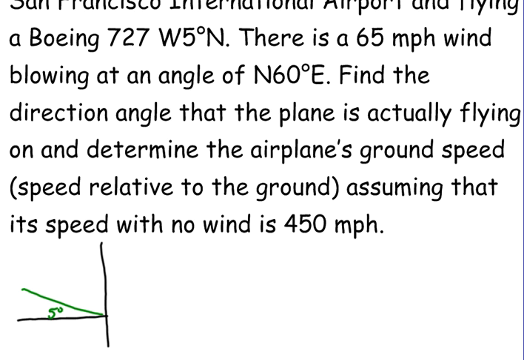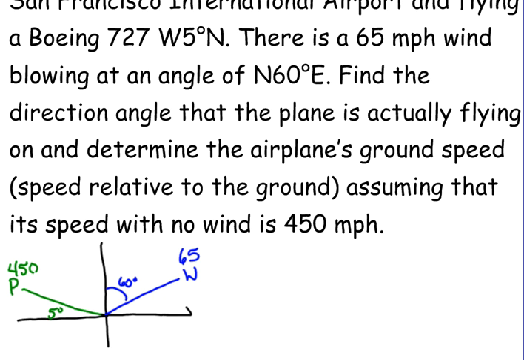The wind is blowing at an angle of north 60 degrees east. So wind north 60 degrees towards east. And the plane is 450 miles per hour. The wind is 65 miles per hour.